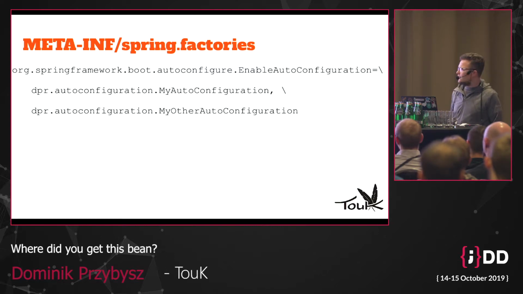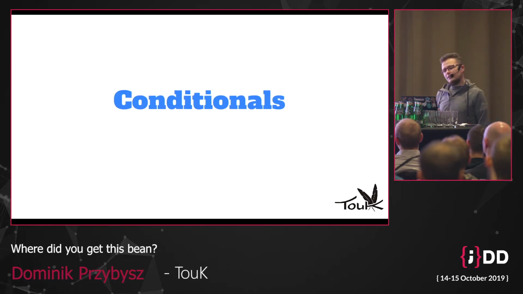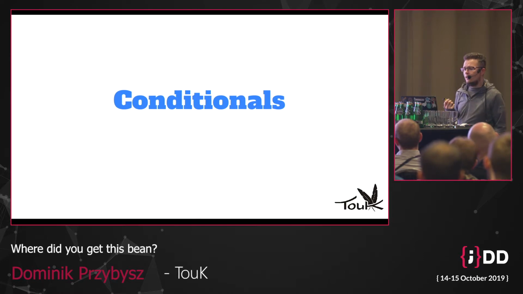But now it's nothing special. It creates beans always and always. But we want to create these only when they are needed, when they are not already defined in our scope, or if they could have been defined. So we have conditionals, which are very helpful for that.